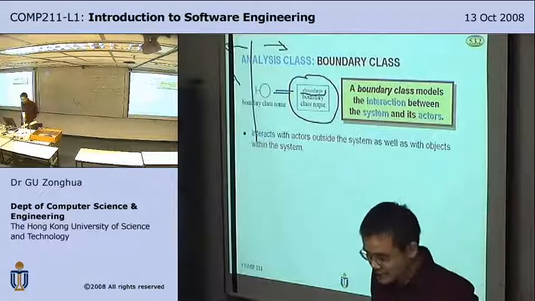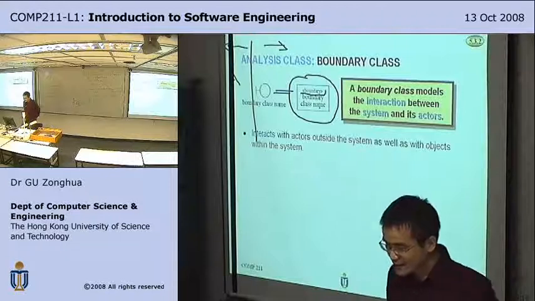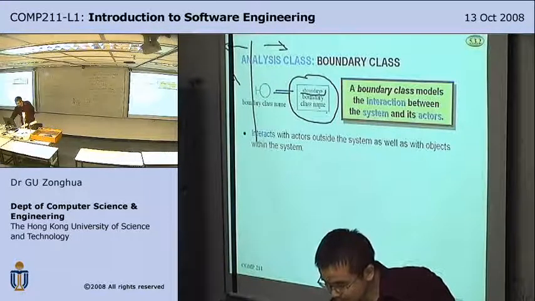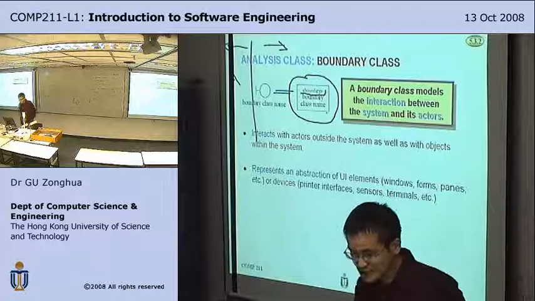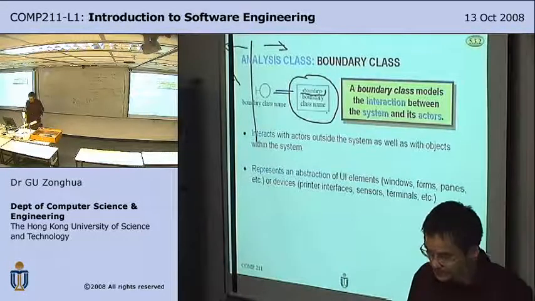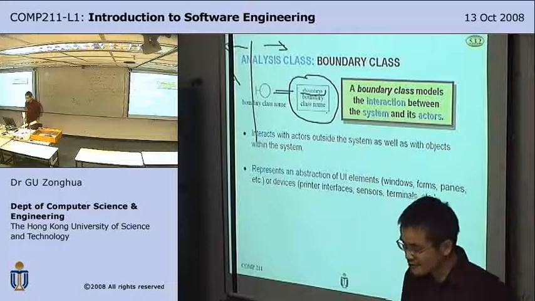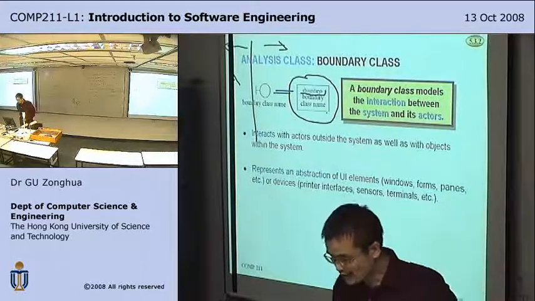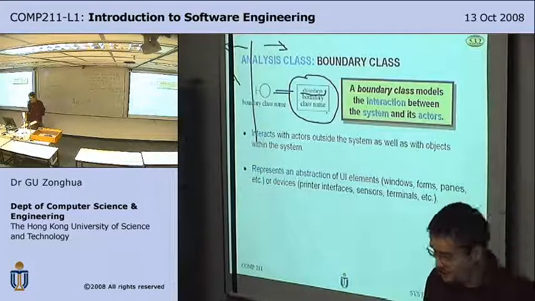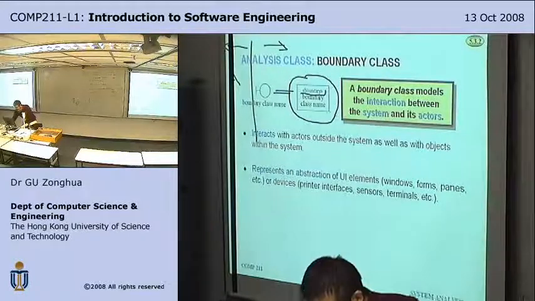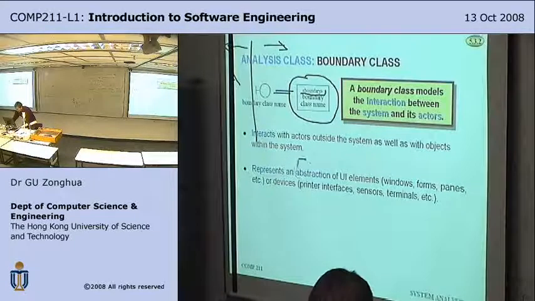It interacts with actors outside the system as well as objects within the system. It represents abstraction of UI elements, including windows, forms, pens, or devices like printers, sensors, terminals. So these are abstractions.